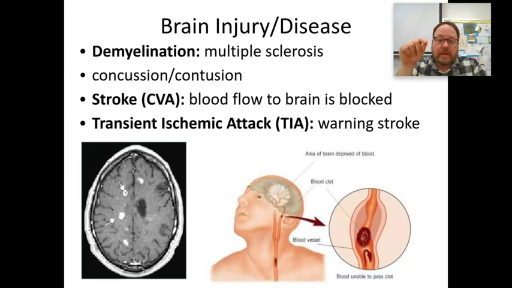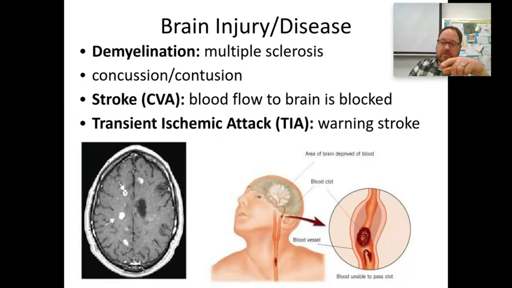Now, you can also have what are called TIAs. It's a transient ischemic attack. Ischemic means you're not getting enough oxygen in the tissues. Transient means it comes and goes pretty quickly. So with a TIA, you may have a little bit of time where you seem to have some of the effects of a stroke, and that could be because you get a little clot, but then that clot will break loose, blood flow is restored, and you're fine.